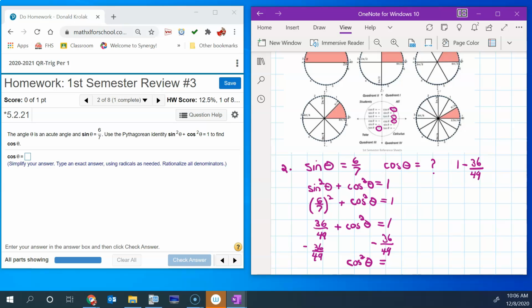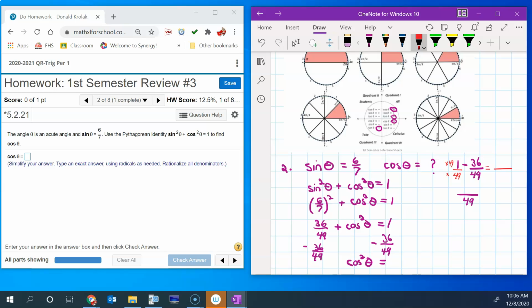So I get a common denominator, which is 49. Okay. So to change this 1 into a denominator of 49, I'd have to multiply the bottom. The bottom would be 49, and I'd have to multiply the top by 49.